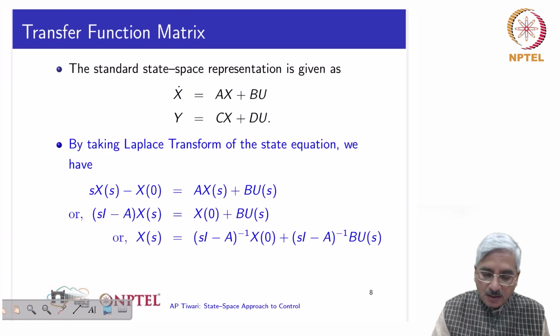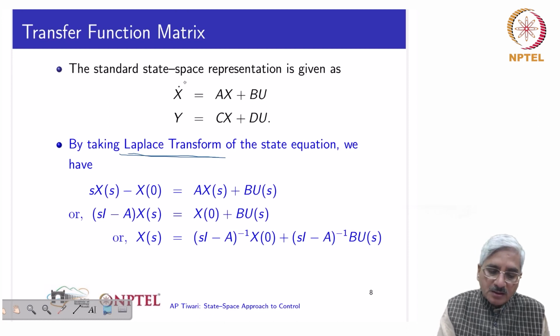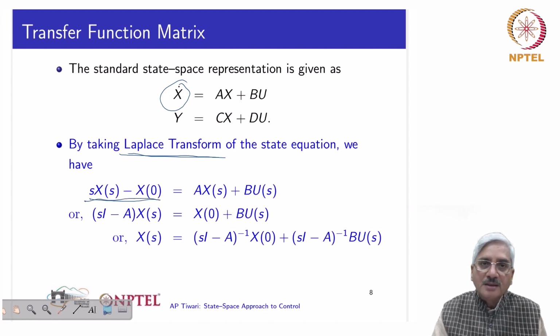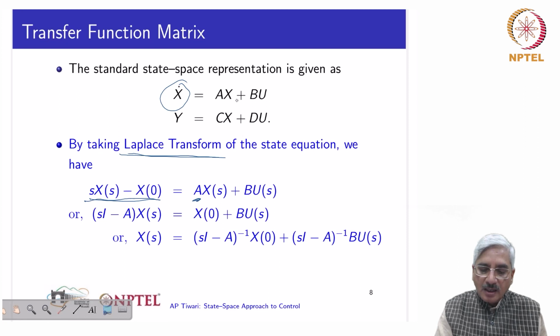If we take the Laplace transform of these equations, then from the first equation, because this is x dot, on taking the Laplace transform it will give sX(s) minus x0. A is a constant matrix, so we have A as it is, and x(t) gives X(s). Similarly Bu gives B times U(s).